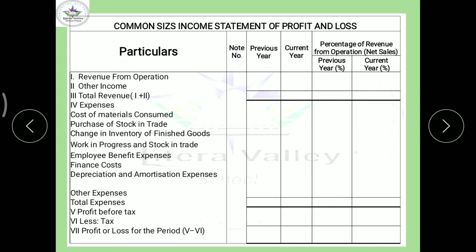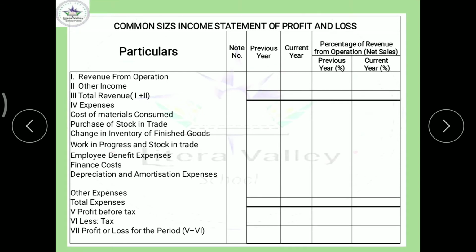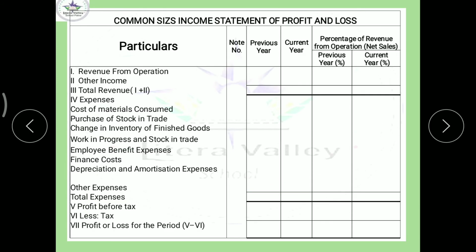It is a vertical analysis. So the items given here will have to be compared with the revenue from operations. Revenue from operations and other income give the total here. Thereafter you write the expenses and get total expenses.